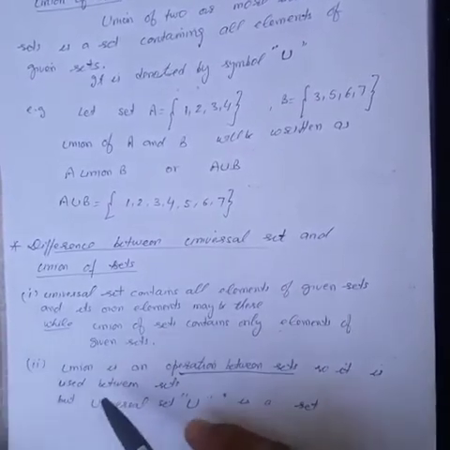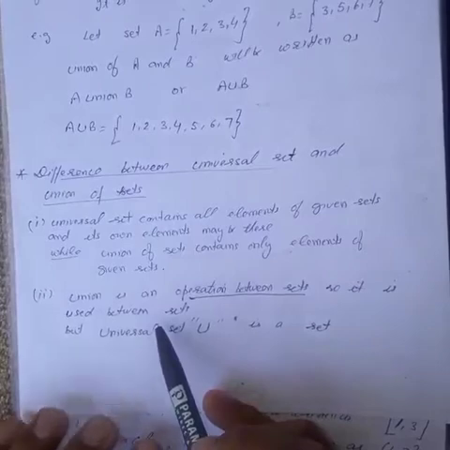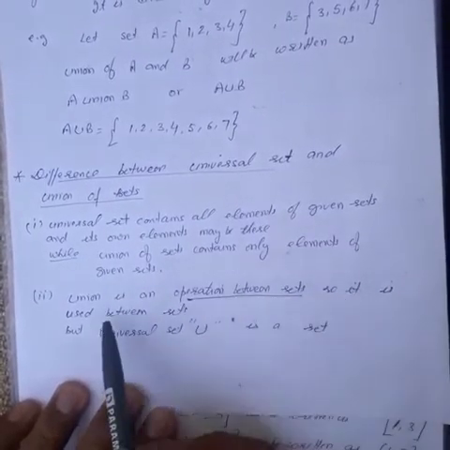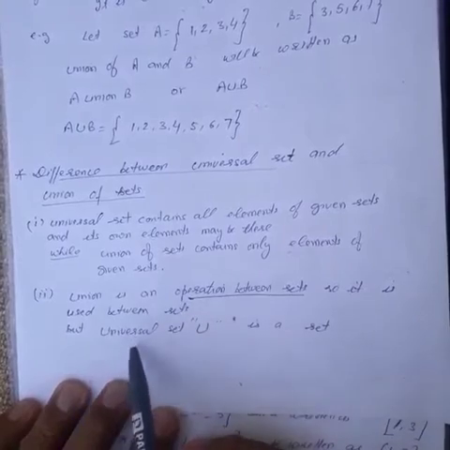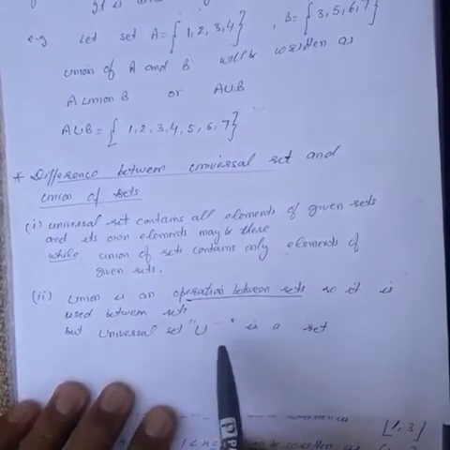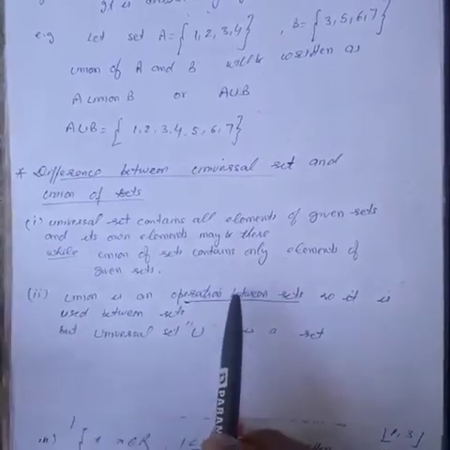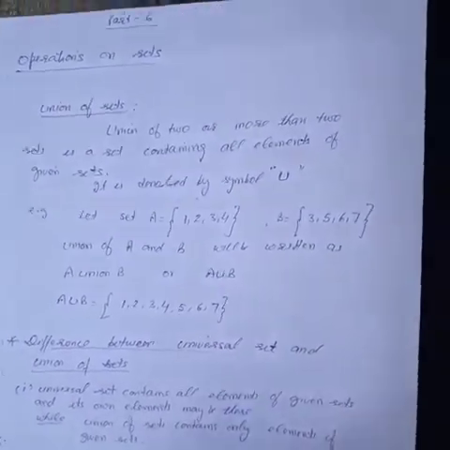Second, union is an operation and can be used between two sets only, while the universal set is a set, and this can be used alone. So this is the difference between universal and union.